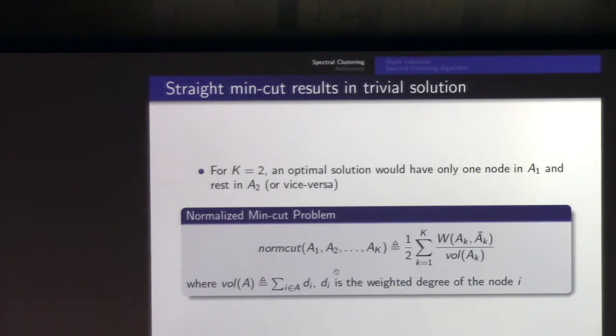Remember, edges can also have weights on them, so you can easily generalize this property of normalized min cut or min cut to weights. You want to split your graph into parts such that all the edges within one part have very high weight, and there are very low weight edges going out, or no edges going out at all. Is that sort of clear?